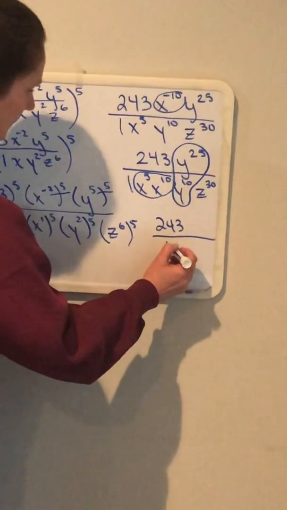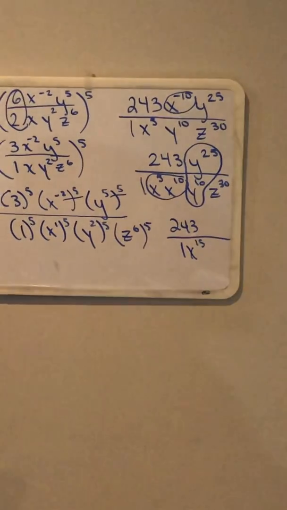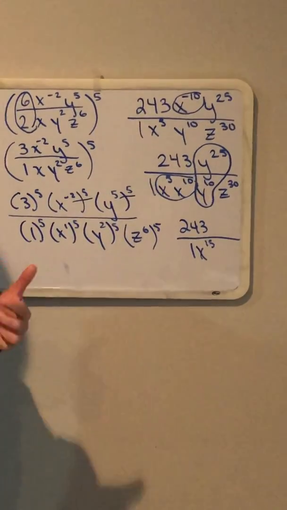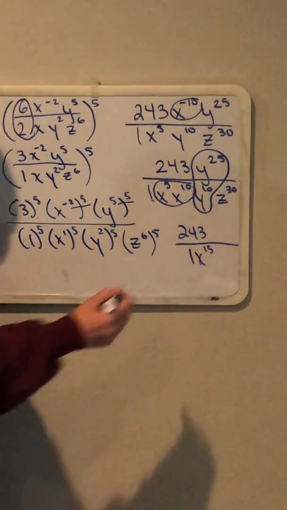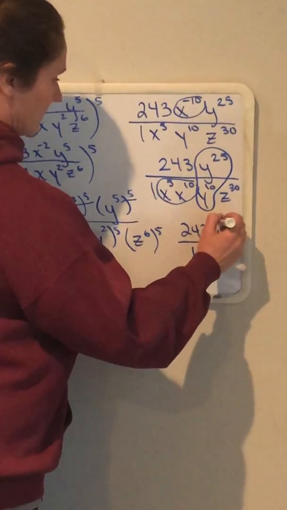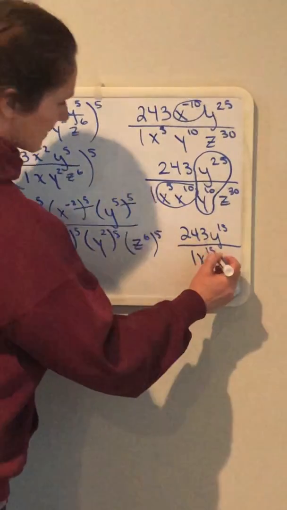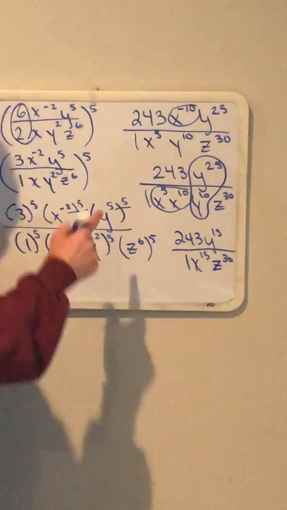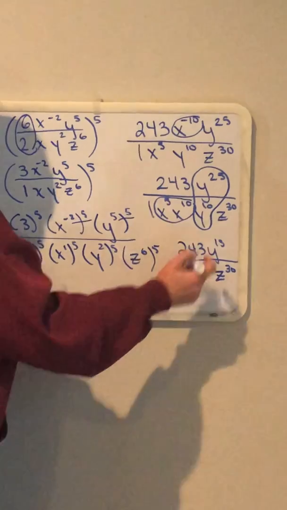I have x to the 15th. When I go to deal with the y's, 25 minus 10 is 15, and the larger y is in the numerator, so y to the 15th will be in the numerator. And z to the 30th is just going to stay as it is. And that is your final answer, but if you want, you could take out the 1.